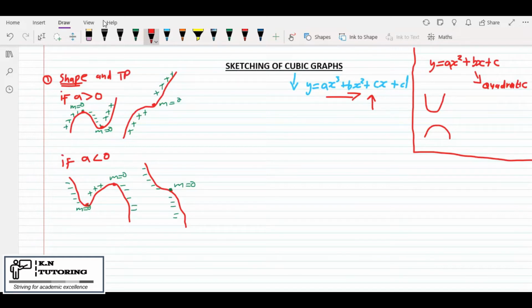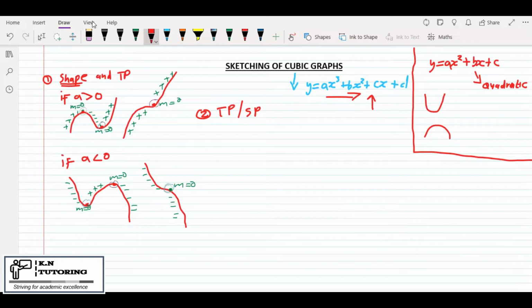Number 1 and number 2 here: we look at the shape, and the turning points. By the turning points, I've already mentioned, we are looking at this. These are what we call turning points, where the graph changes from being positive to negative, or from negative to positive. So number 2, we need to look at turning points, or what we call stationary points.